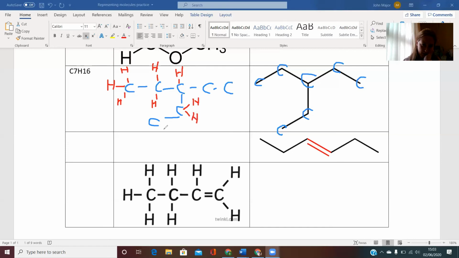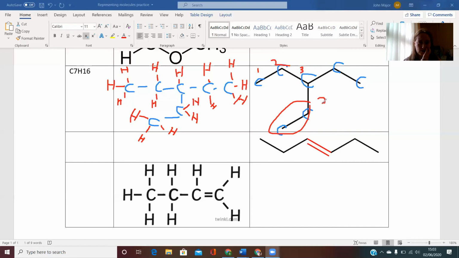It doesn't really matter about drawing them at any particular angle, as long as it's correct. It's nice and neat if you can draw it in a T shape there, but I'm trying to squeeze it in this little box I've got. All right, so there you have it. We have an ethyl group, which is a 2 carbon chain, attached to our pentene. Count those carbons, it's on the 3rd carbon.